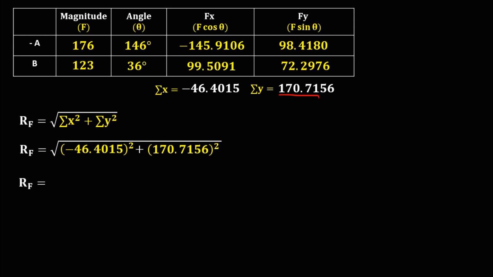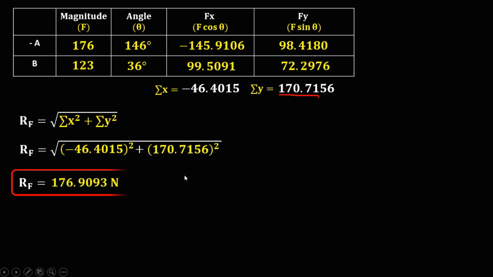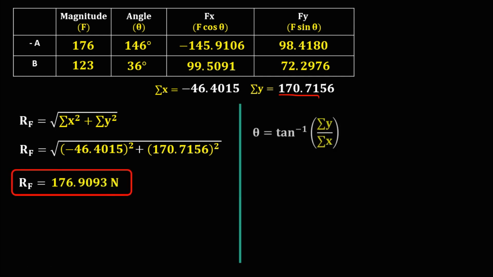Then to find now the resultant force, we have the square root, then open parenthesis, then again, we can ignore the negative, so just input positive 46.4015 squared, then plus 170.7156 squared, then close parenthesis, equals 176.9093 Newton.